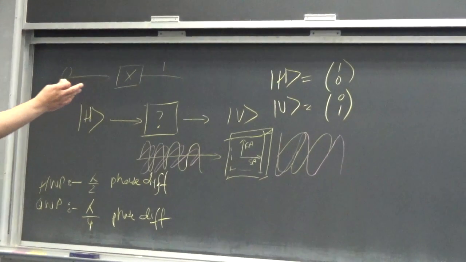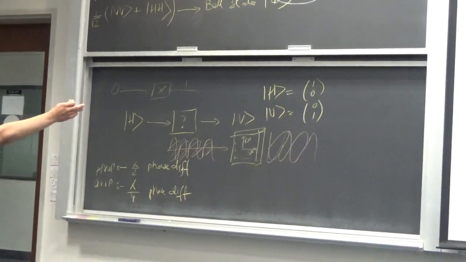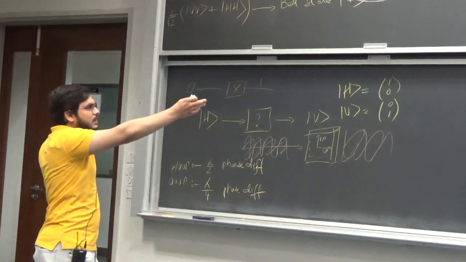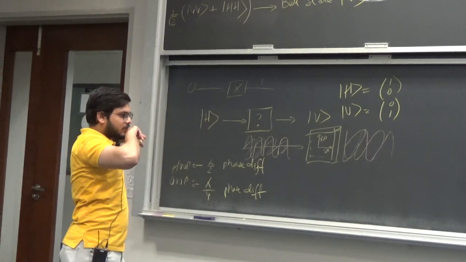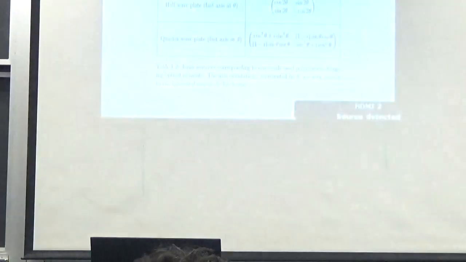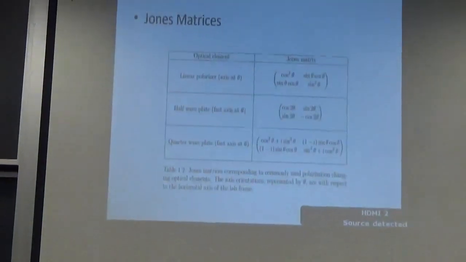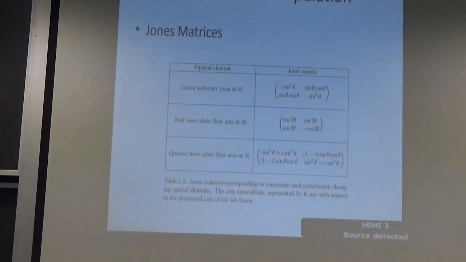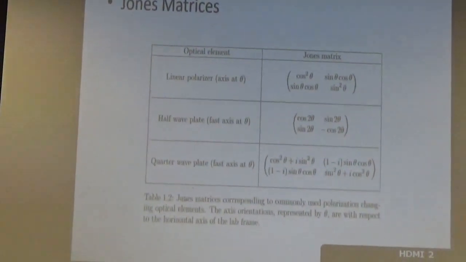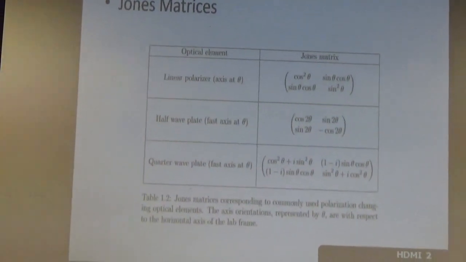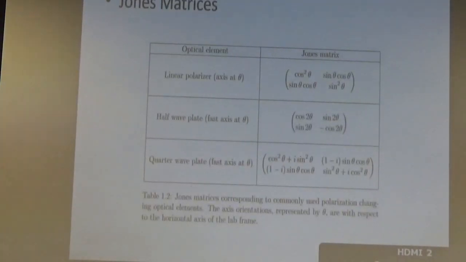So those are the unitary matrices that give us the mathematical formulation, the maths behind the evolution of those states. So multiplying those matrices with these states will give us the output that is to come after passing through these birefringent materials. There are 3 of those. One is for the linear polarizer, one is for the half-wave plate, and one is for the quarter-wave plate.